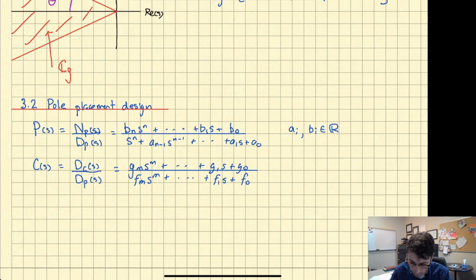I realize that I could always just get rid of this Fm and absorb it into the other coefficients. I could always, without loss of generality, make that denominator have a leading coefficient of 1. For our design equations, it's just convenient to keep it in that form. So that's the reason that I wrote the controller that way, but not the plant. And of course the F's and the G's are our controller gains.